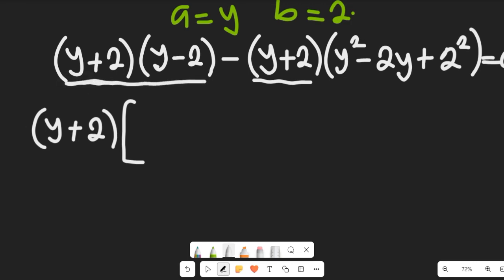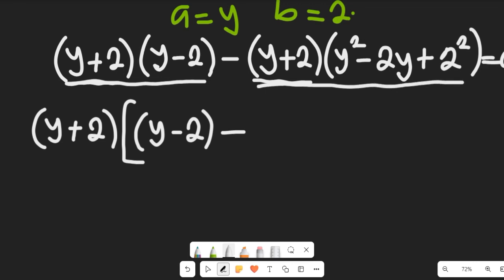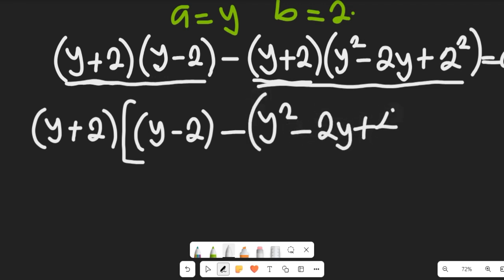If we divide this whole part by y plus 2, we're going to have y minus 2 remaining, and this will be minus. Dividing this whole part by y plus 2, we're going to have y squared minus 2y plus 4 remaining here, and all these will be equal to 0.